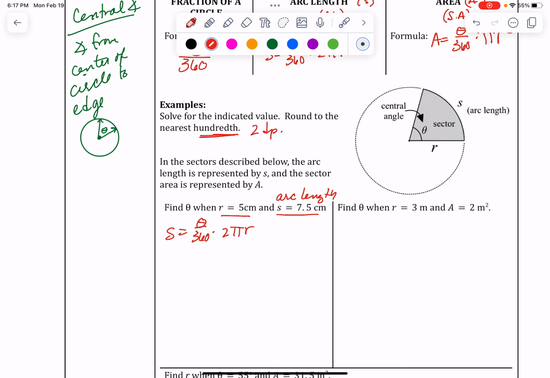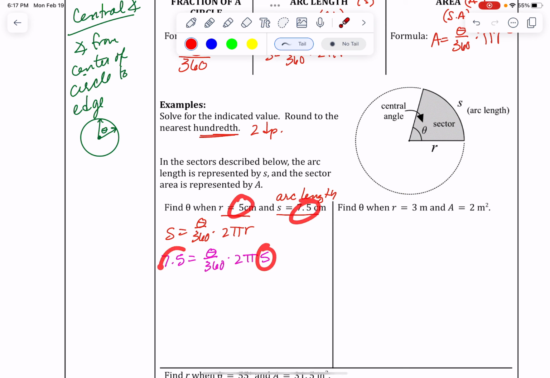My arc length is 7.5 equals theta over 360 times 2 pi 5. Here's the 5, and the arc length goes here. To start with, this is multiplied, so I'm going to divide by 2 pi 5.